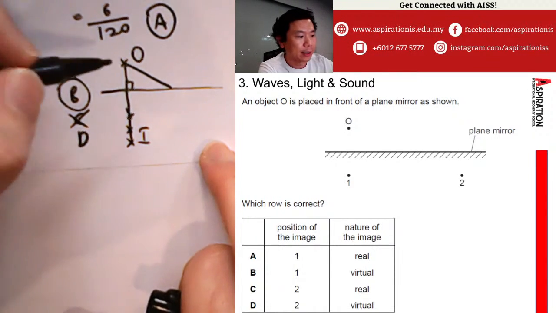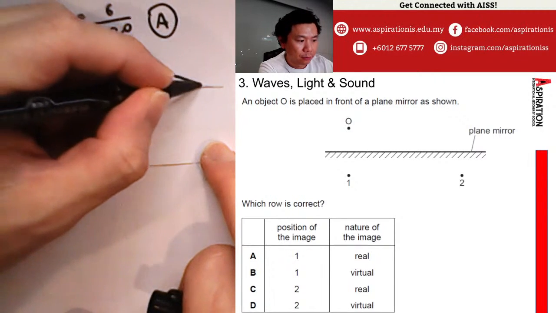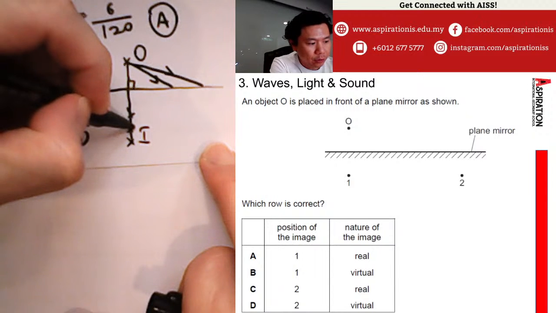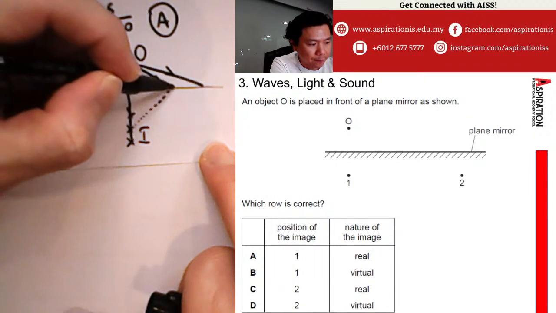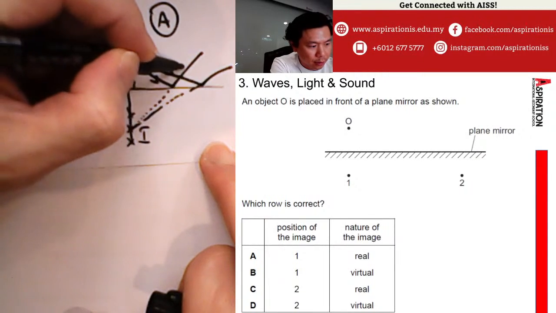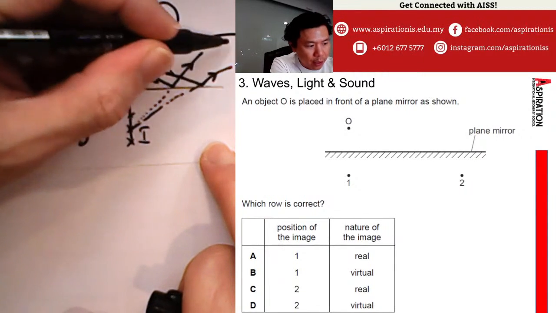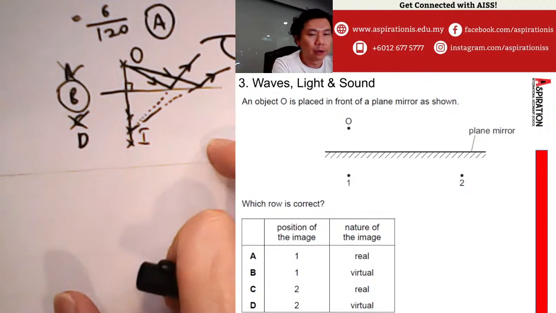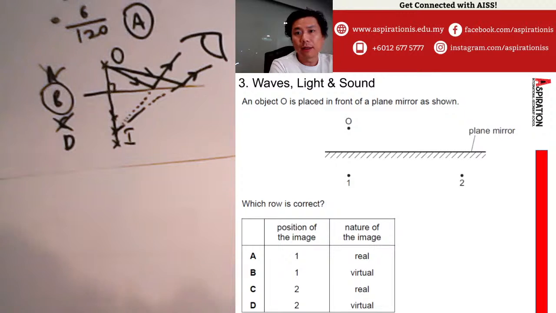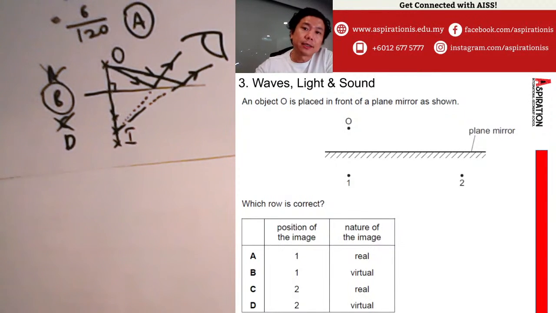So you draw two lines, and then from the image, you draw dotted lines going to the eye. So this is your eye, and therefore your eye will view the image there. And it is virtual because it's not actually there, right? That's why we represent it with dotted lines. So I hope this question is good.